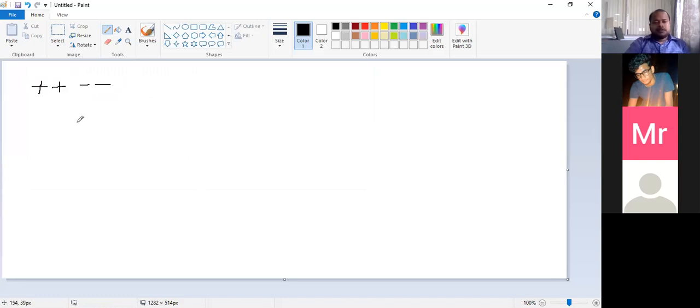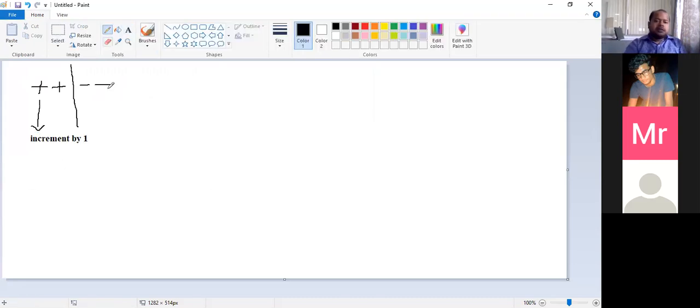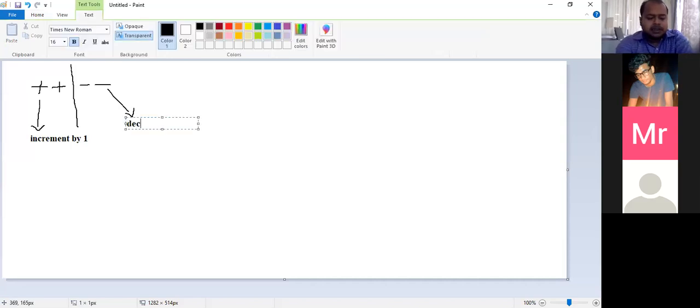Plus plus is the increment operator, and minus minus is the decrement operator. Plus plus means the value will increase by 1. Minus minus means decrement by 1.